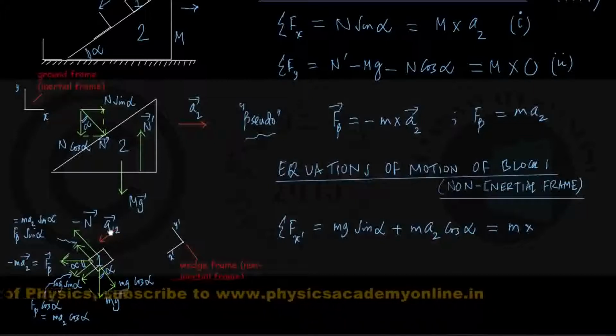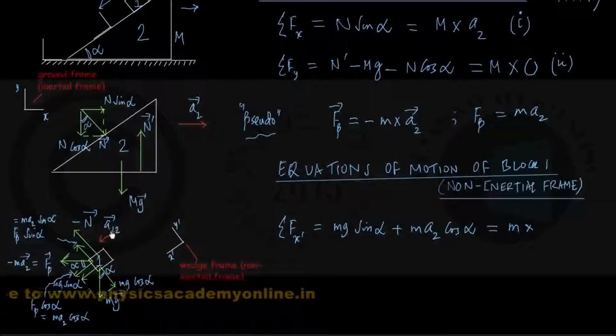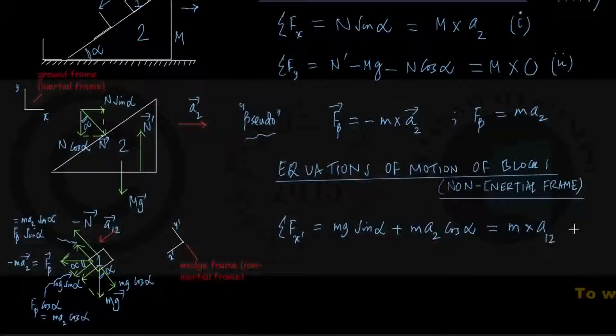It's not a1, it's simply a12, acceleration of block 1 with respect to the wedge 2. So here be careful about this notation. It is quite meaningful. So we write here, this is coming out to be m into a12, and that's my equation number 3, and that is equation of x motion for the block as viewed with respect to the wedge.